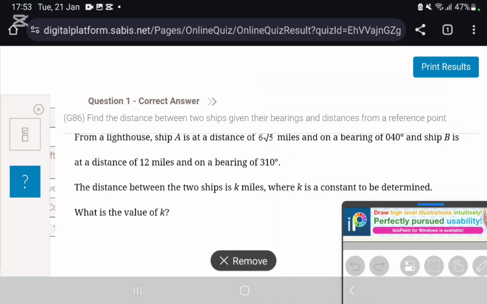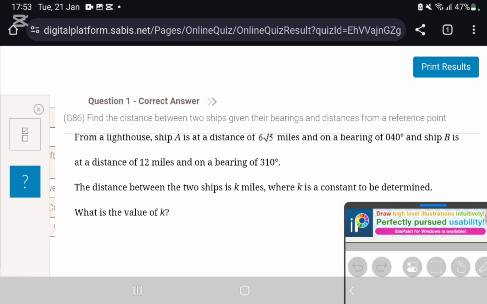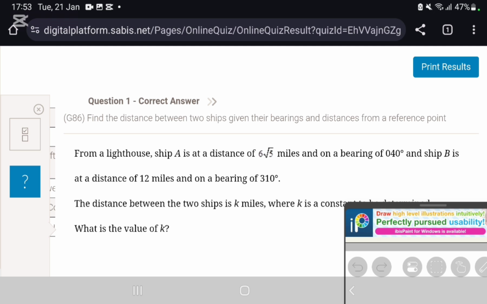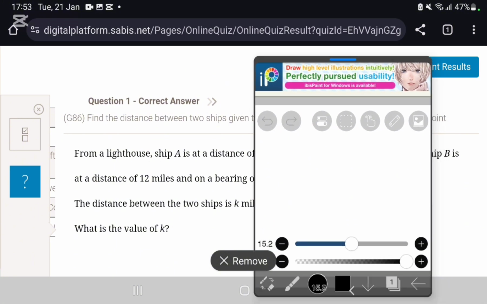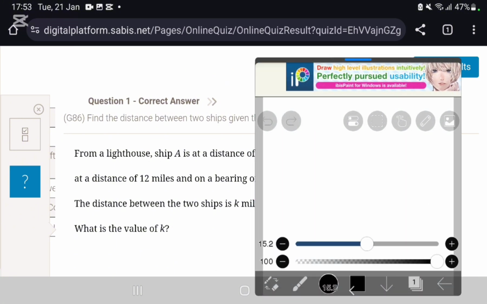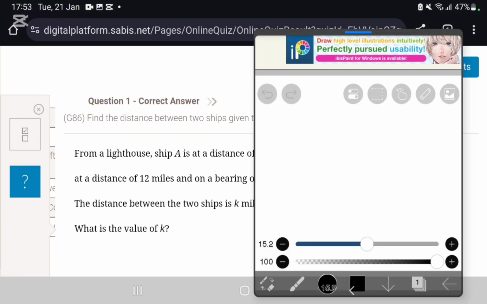Okay, so for this question, from a lighthouse, ship A is at a distance of 6 radical 5 miles on a bearing of 40 degrees, and ship B is at a distance of 12 miles of a bay and on a bearing of 310. Whenever we hear the word bearing, we draw a north.